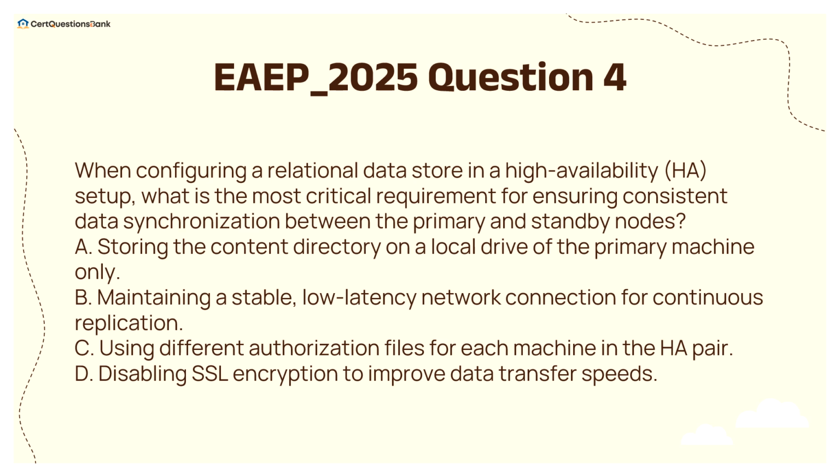B. Maintaining a stable, low-latency network connection for continuous replication. C. Using different authorization files for each machine in the HA pair. D. Disabling SSL encryption to improve data transfer speeds.